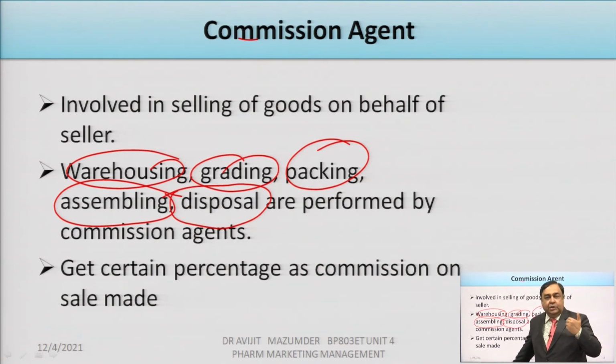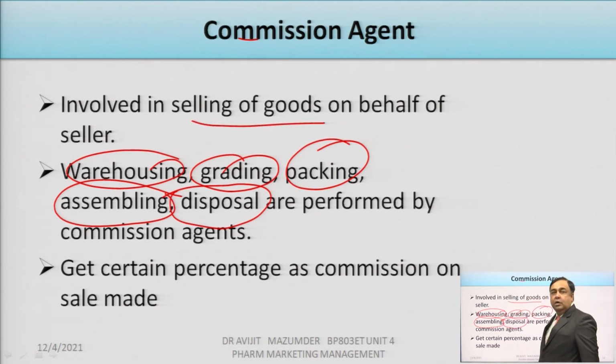So, automatically there is a constant endeavor on them. They constantly try to make more and more sales. So, they are involved in the selling of the goods on behalf of the seller.